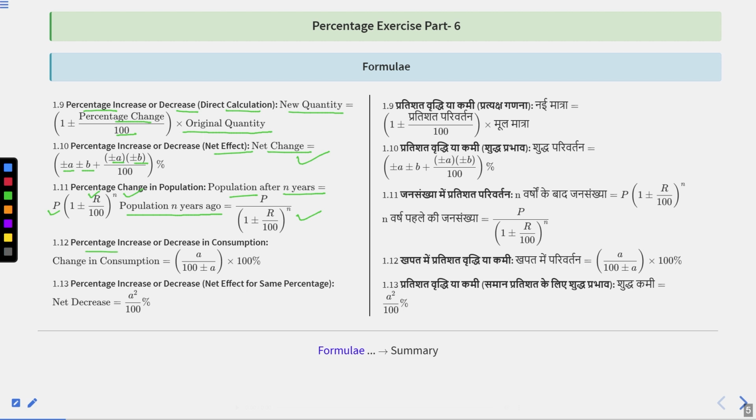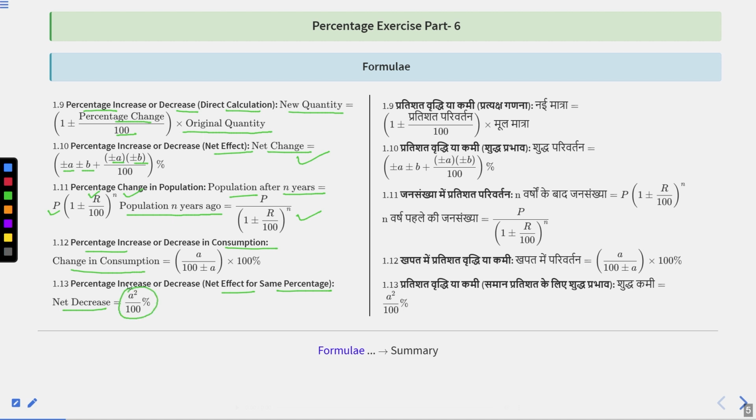Next formula, percentage increase or decrease in consumption: change in consumption will be a upon 100 plus or minus a, multiplied by 100%. Next, percentage increase or decrease, net effect for the same percentage: it will always be a net decrease, and the net decrease will be a square upon 100%.